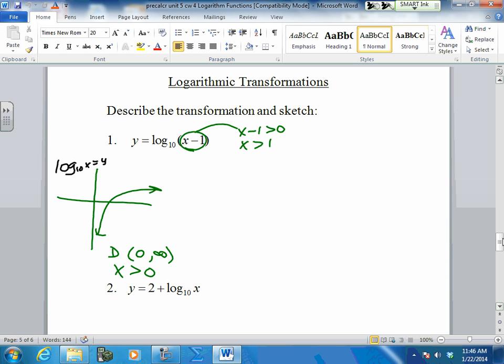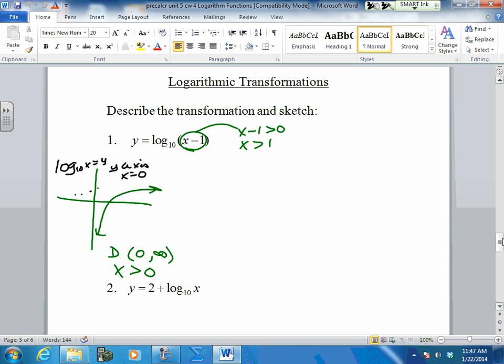Which axis acts as a natural asymptote where it never crosses? The y. So your y-axis is your asymptote, and that's when x is equal to 0. Remember, our exponential one was down here when y was equal to 0. So because we interchanged them, the y went to the x. So x equals 0 is a natural asymptote.